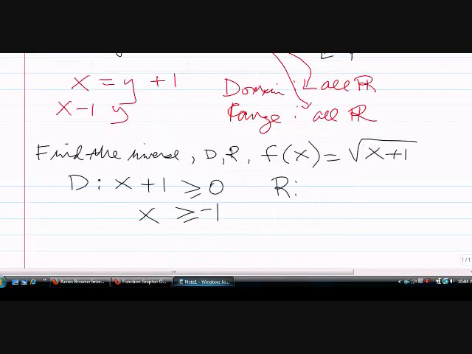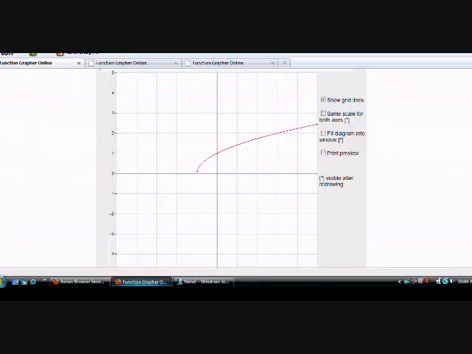So on a function like this, where all it is the square root of something, then my range, my y's, are always going to be greater than or equal to 0. So I can use that little squishy thing for my range if I want to. Let me see if I can do the squishy thing here.